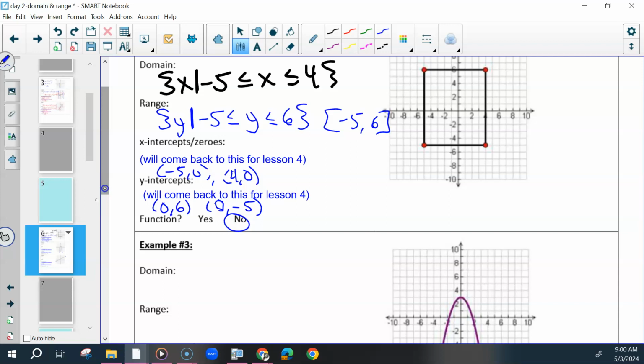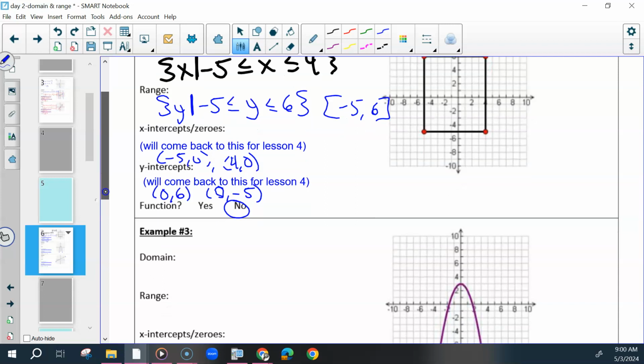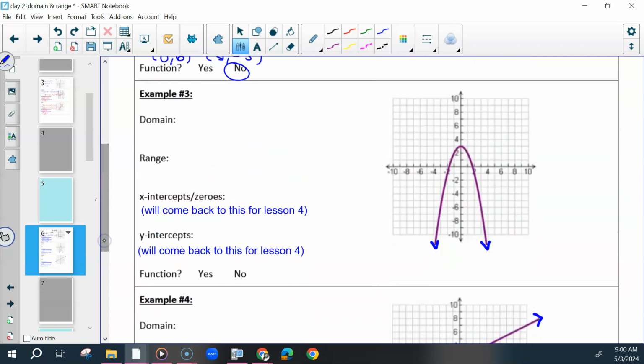So now we're going to do some continuous functions that keep going, that have arrows. With example 3, it still starts off the same way, x such that x. But when we're looking at this domain, this is a quadratic function, the U shape, a parabola.